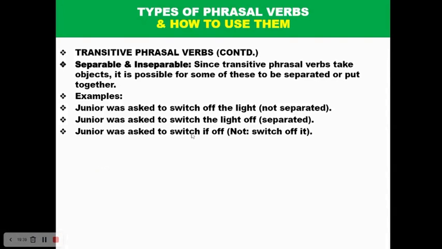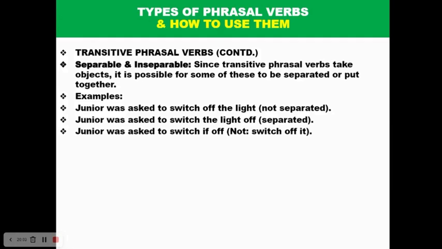Now, one thing you cannot do is that if you want to separate, you cannot use a pronoun. For example, the pronoun for the light is it. You cannot say Junior was asked to switch off it.